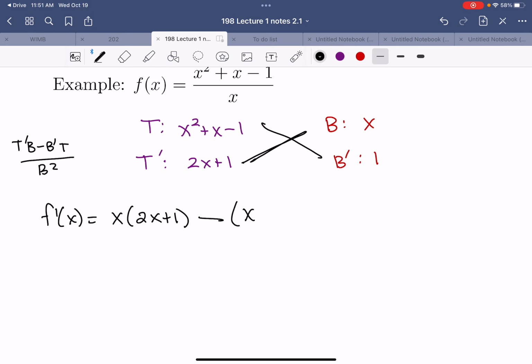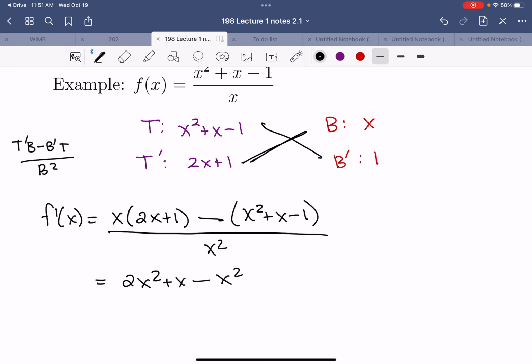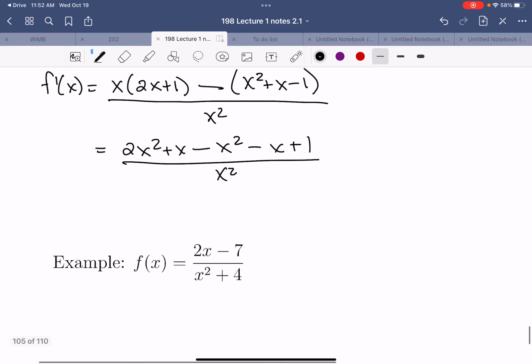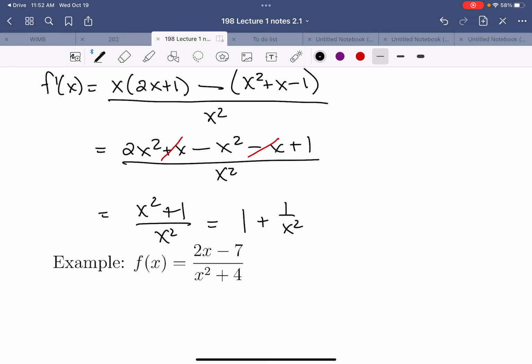Watch your parentheses here, parentheses x squared plus x minus 1. All over the bottom squared, so that's x squared. And if I distribute, that's 2x squared plus x minus x squared minus x plus 1. And that turns out to be x squared, my x's cancel, plus 1 over x squared. And if you divide that one through, you get 1 plus 1 over x squared, which is exactly what we had above. So that one works.